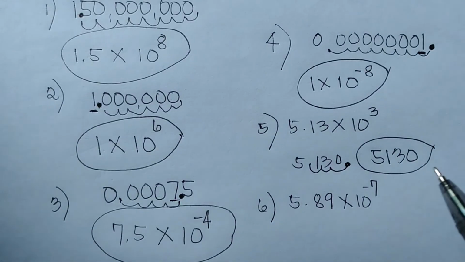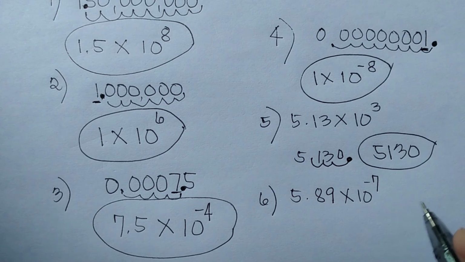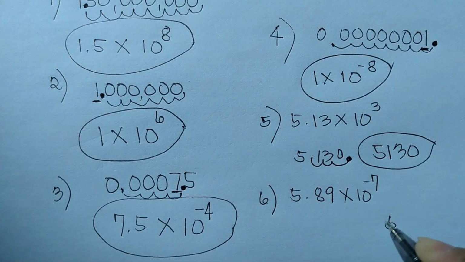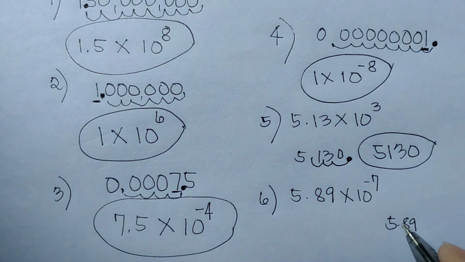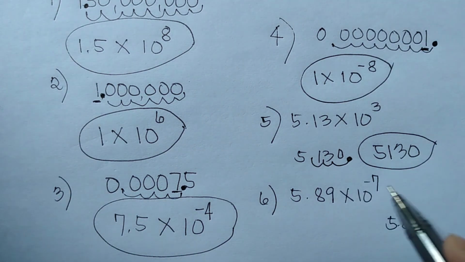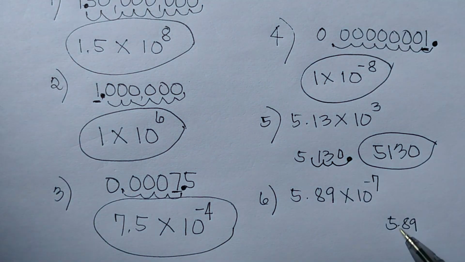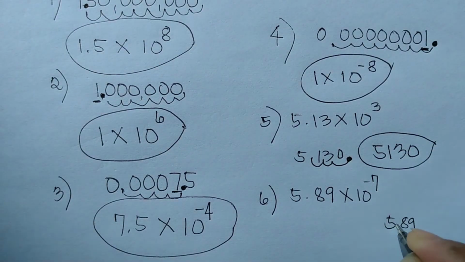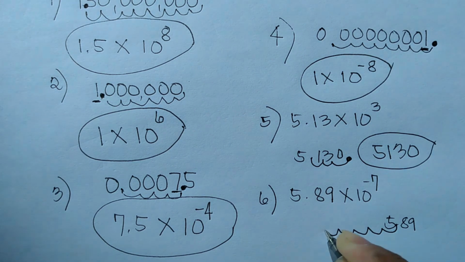So let us count. That is 5.89. Let us count. If it is positive, we will go to the right. Since this is negative, we will go to the left. So count 7: 1, 2, 3, 4, 5, 6, 7. Your decimal point will stop here.